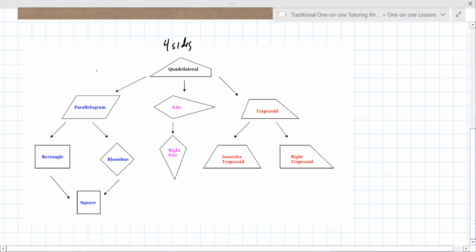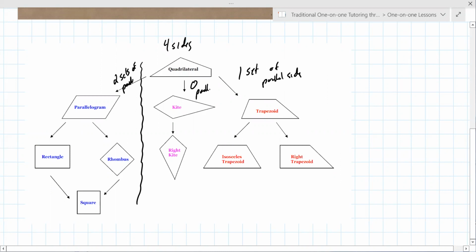Everything over here to the left has 2 sets of parallel sides, and trapezoids have 1 set of parallel sides. You probably haven't gotten to kites yet, but they have 0 parallel sides. We have been messing around with kites. So the way they're first initially organized is by the number of sets of parallel sides.